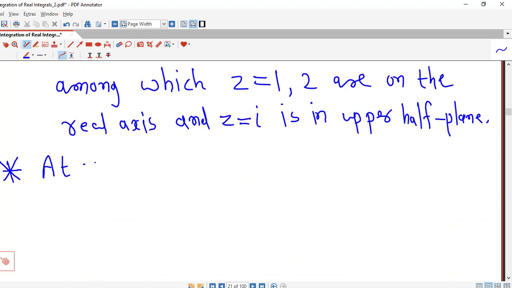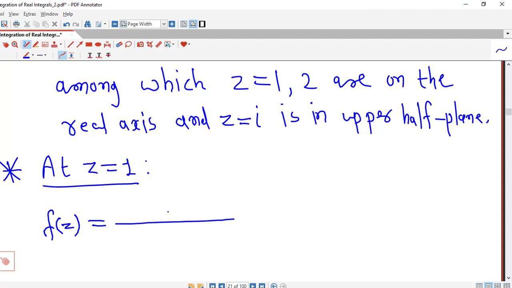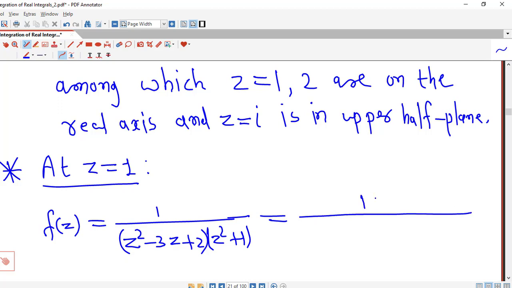First we calculate at z equal to 1. So first we write our function f of z is 1 over z square minus 3z plus 2 times z square plus 1, and because z equal to 1 and 2 are roots of this polynomial, it can be written as a product of two linear factors z minus 1 into z minus 2, and we keep z square plus 1 as it is.